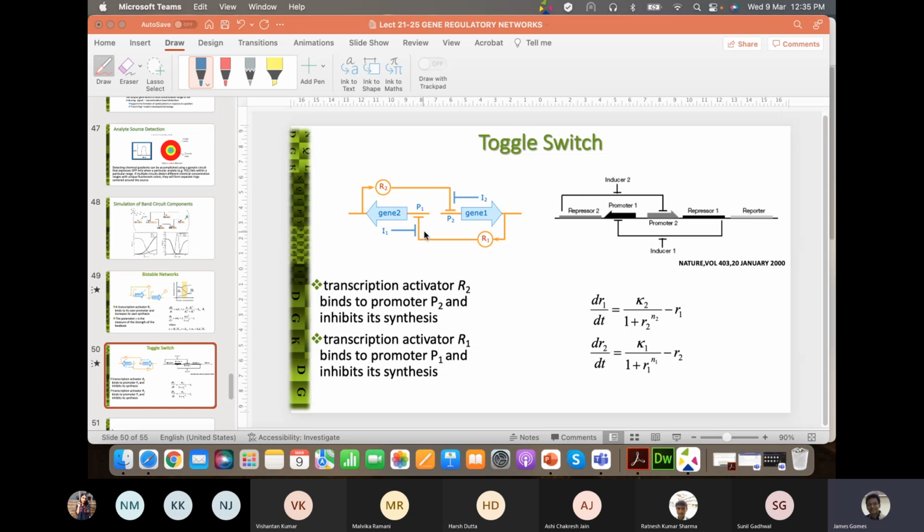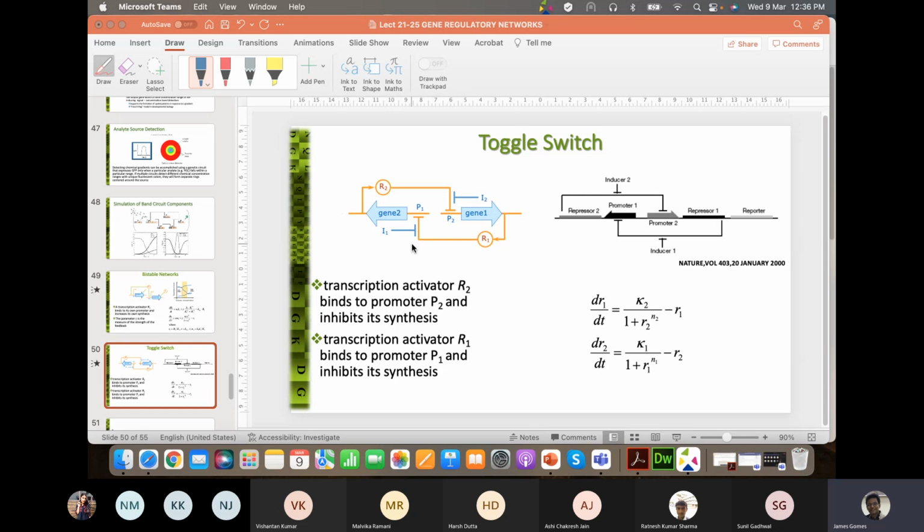If this gene is synthesized, that is going to give you P1, and P1 will then give you the gene R2. Then it comes back here, right? So if you have I2, then I2 will give you an on. If you give an I1, then I1 will give you an off.